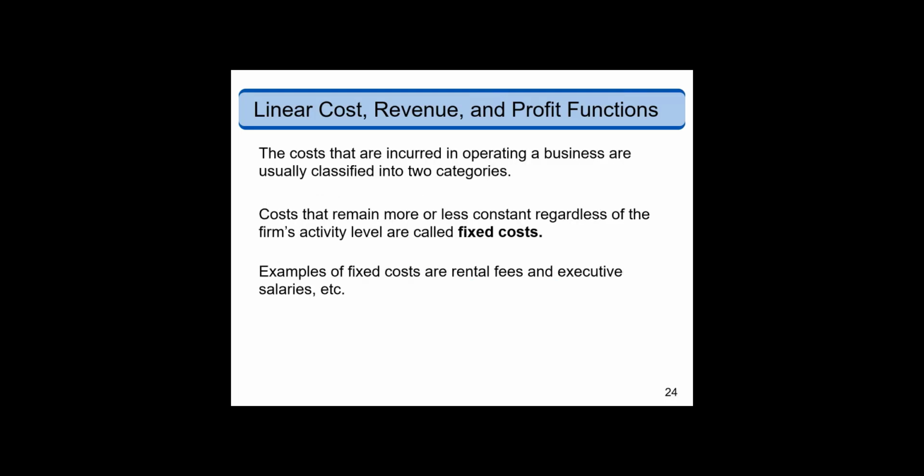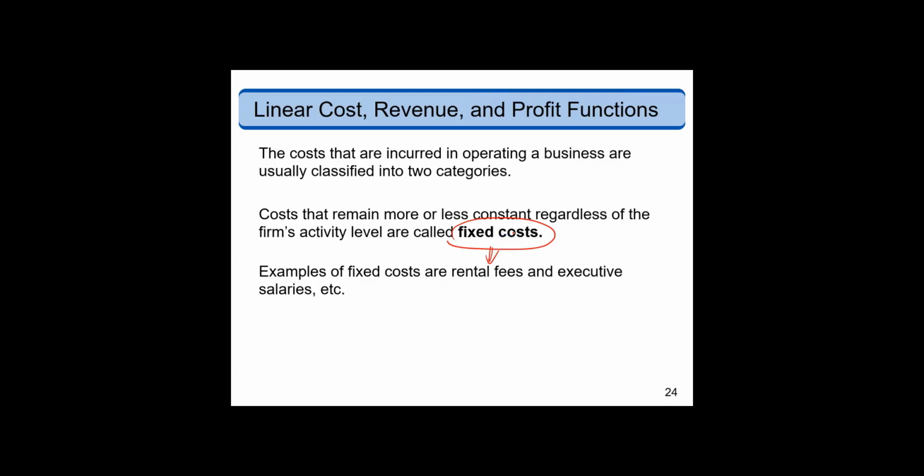In the cost sector, we have something called fixed cost. Fixed cost means the cost remains constant regardless of the production level, right? A concrete example could be rent. Let's say you are producing garments in a warehouse, and the rental fee of the warehouse is what we call a fixed cost.